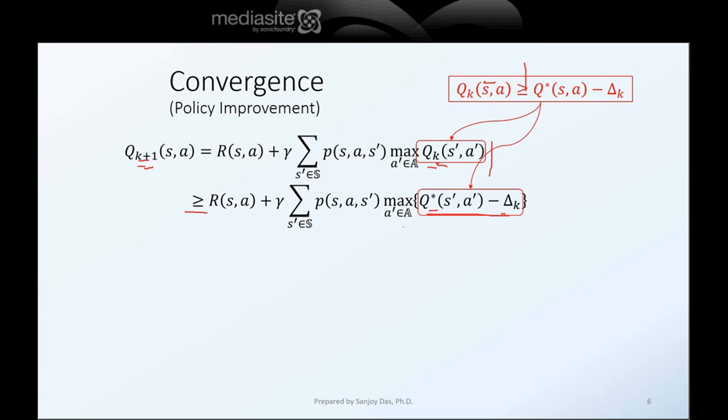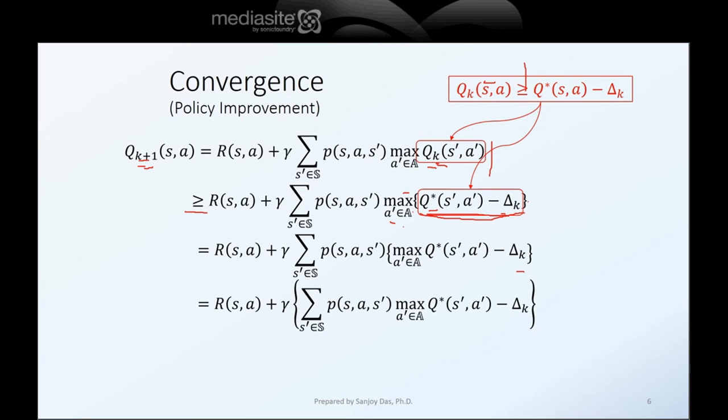Now, this max has this argument that's enclosed within curly brackets. What I'll do is remove the delta K from those curly brackets here, because delta K is independent of the action that this max is being carried out over. So delta K is outside this max now.